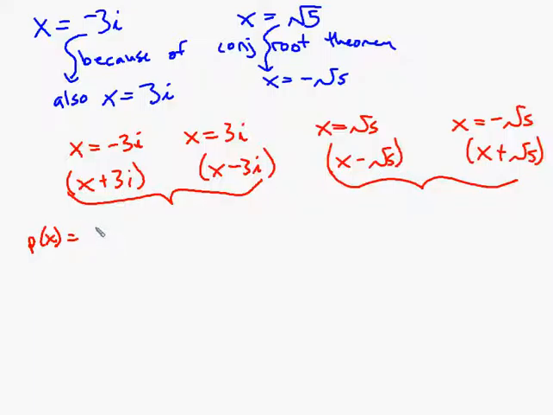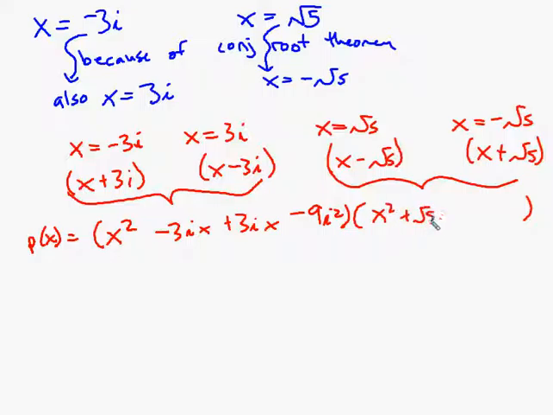So when I multiply those two, notice I'm putting my answer in parentheses. I'm going to get x squared minus 3ix plus 3ix minus 9i squared. Any questions on how I got that from my multiplication? The next one, x squared plus root 5x minus root 5x minus root 25.